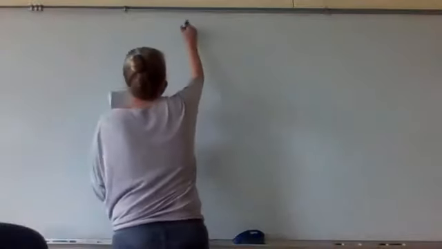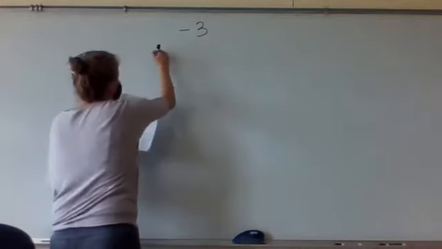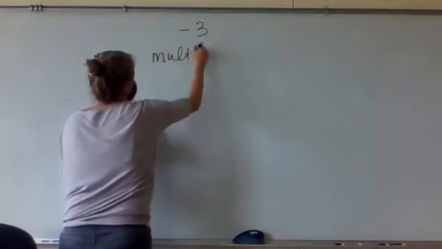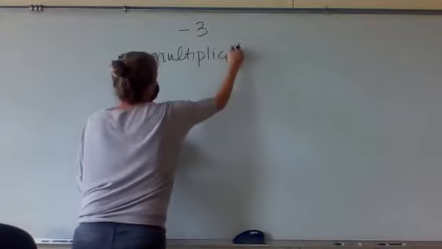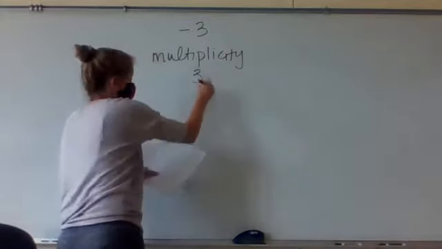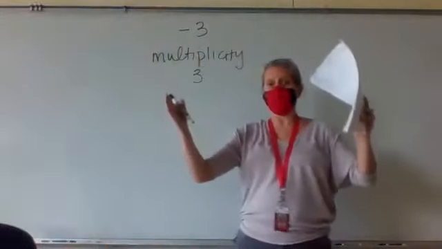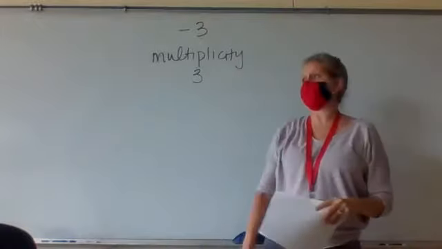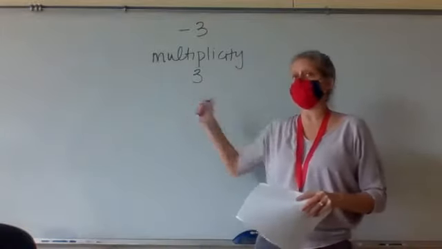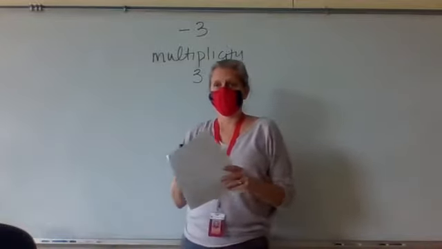The first 0 is negative 3, but it tells me this 0 has a multiplicity of 3. So that means after my parenthesis or my factor, it's going to have an exponent, right? That's where the multiplicity is. It's the exponent of the factor.